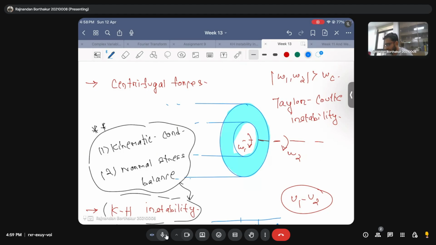Otherwise, it doesn't become very clear why we are actually studying it, because it's just some very pesky maths that we do, and the maths is not so easy here as we saw. I mean, it's very long. You need to be very strong analytically to solve this problem. But yeah, the reward is great, basically.